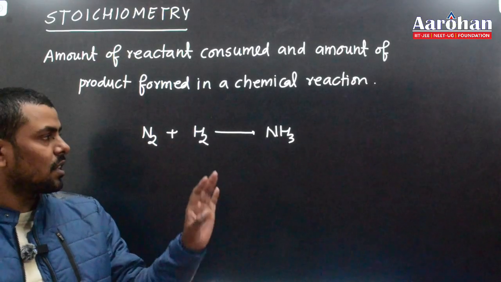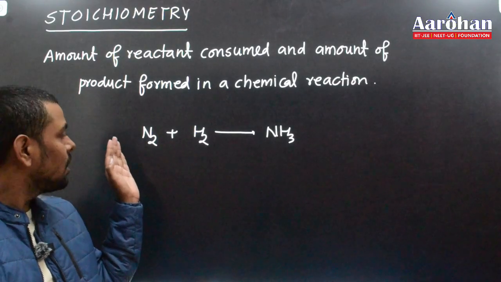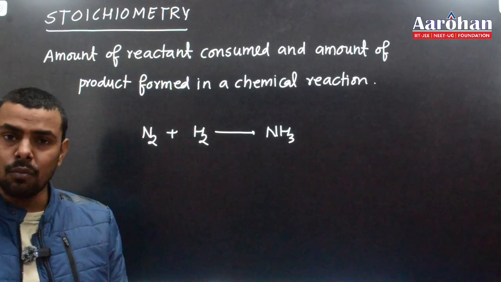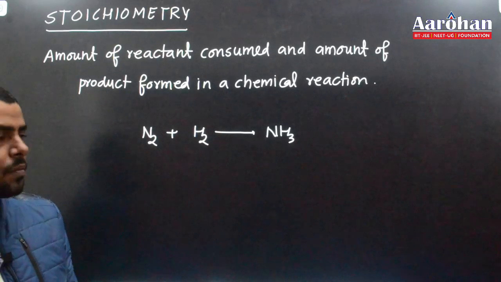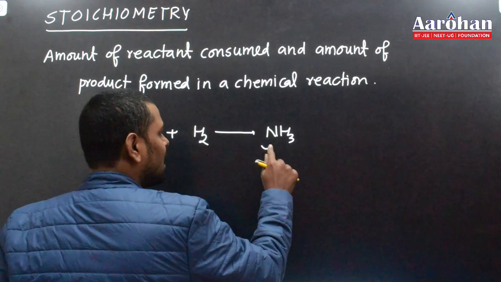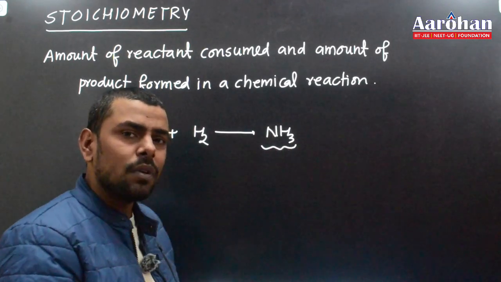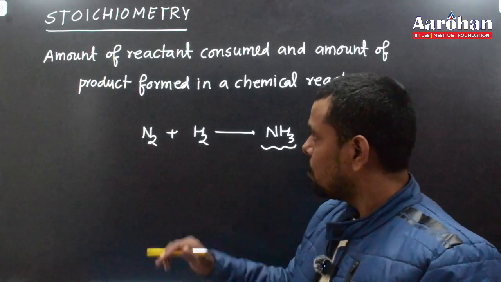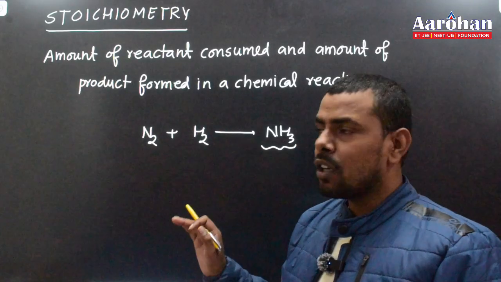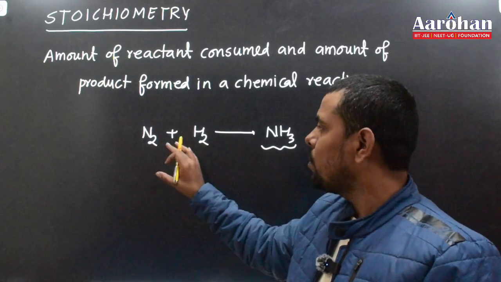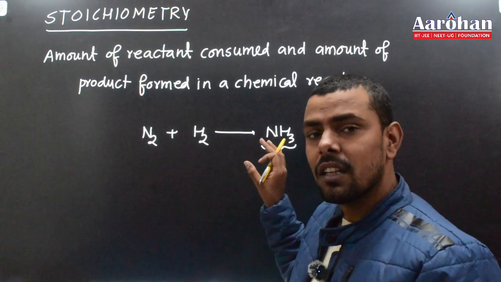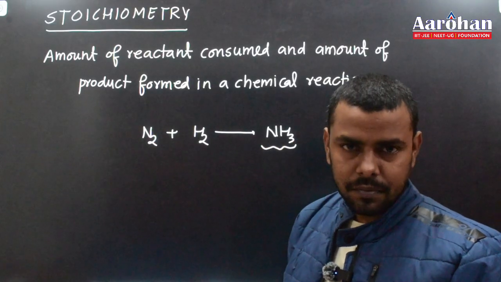First type of question is this: suppose we are given 10 gram of nitrogen, then how much amount of ammonia is formed? In other words, suppose we are given 20 gram of ammonia, then how much amount of nitrogen is reacted? So in this video, we are going to learn how much amount of reactant is consumed and how much amount of product is formed in a chemical reaction.